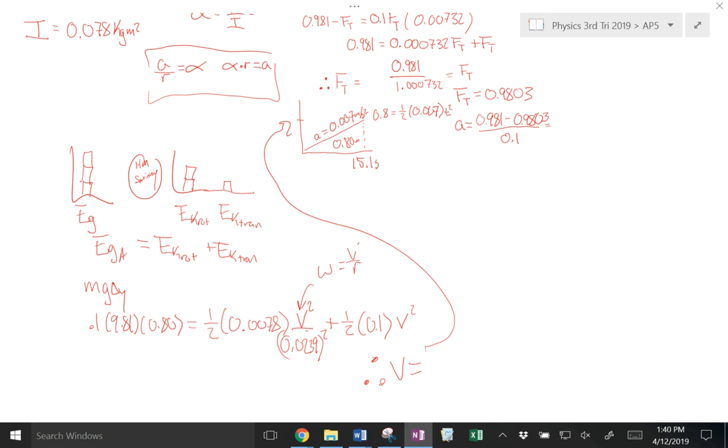It's supposed to be v squared, so I'm not sure I'm trusting this number. We'll find out in a second. I get 0.114 meters per second. And if I do a little 1/2 base times height, 0.8 times 2 divided by 0.114. Yeah, I get like 14 seconds. Something kind of in the ballpark of, okay?